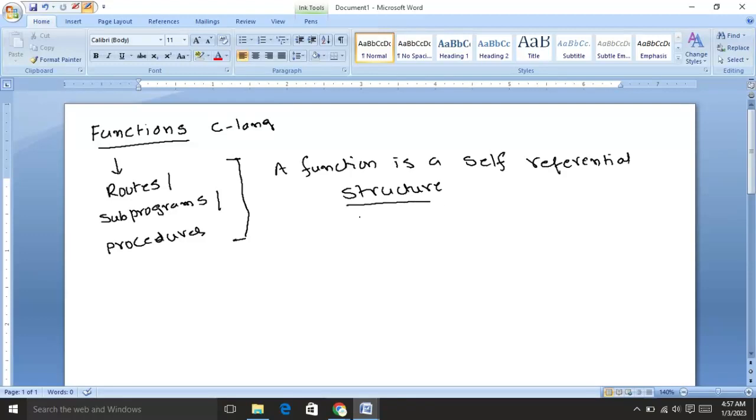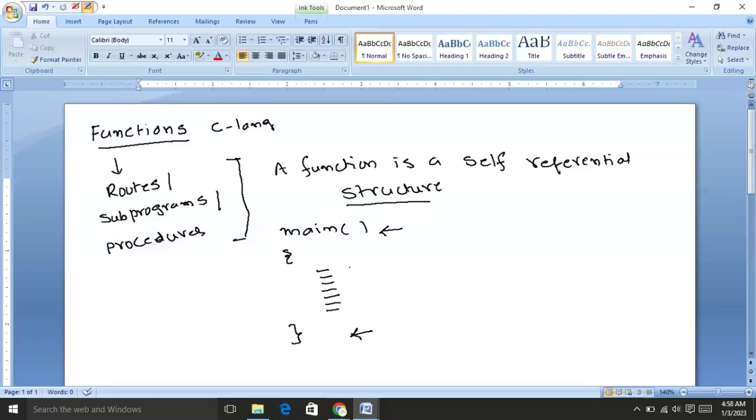That means the function looks like a main program. We know that in C language there is a main function which is identified by the C compiler, right? And each and every C program execution starts from main and ends with main, right?